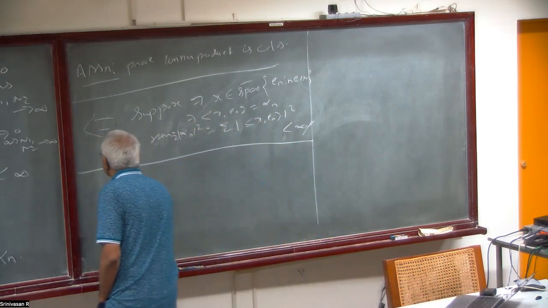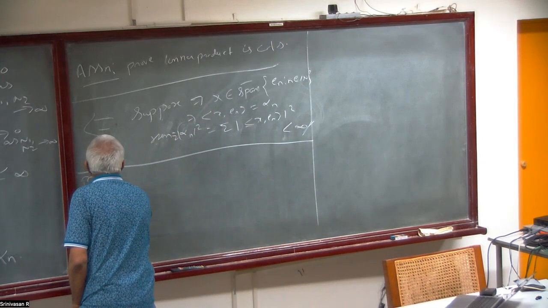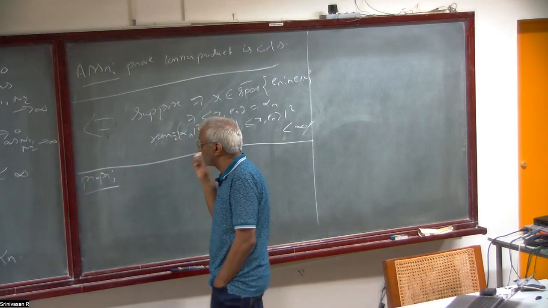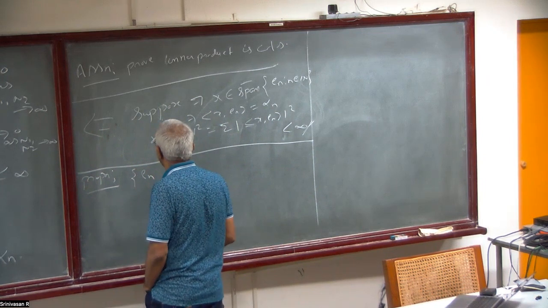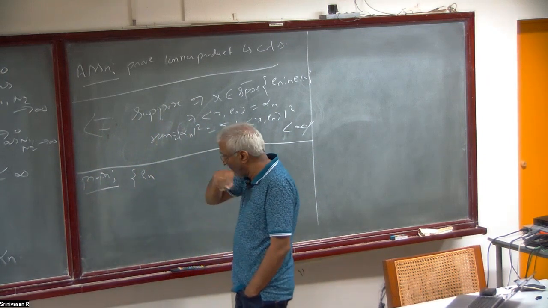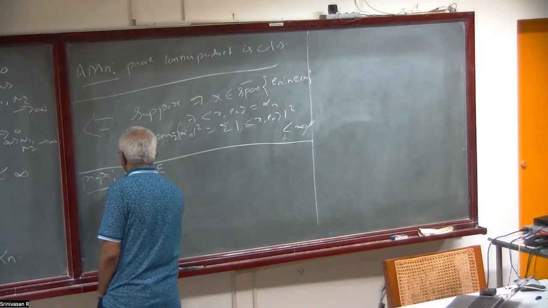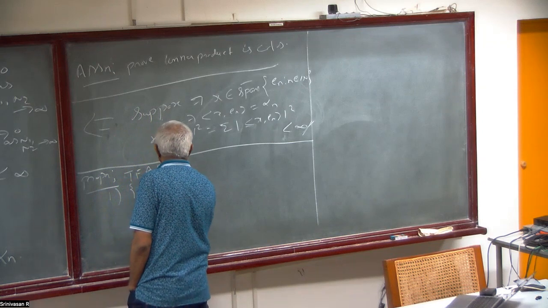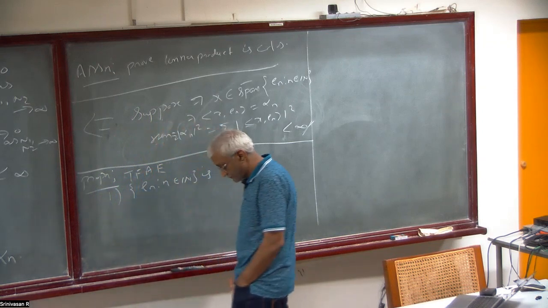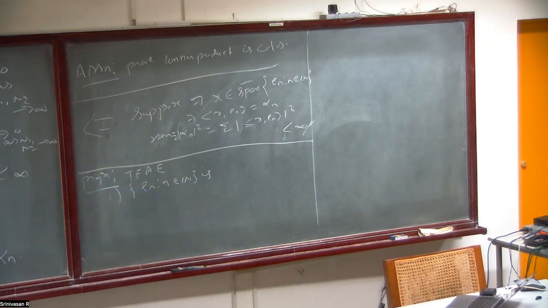Okay, I'll write the proposition. Any subset satisfying this is called an orthonormal basis. Okay, that En satisfies the following statements. 1, En is a maximal orthonormal set.